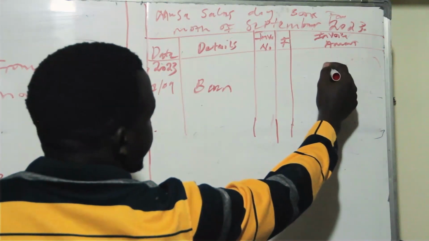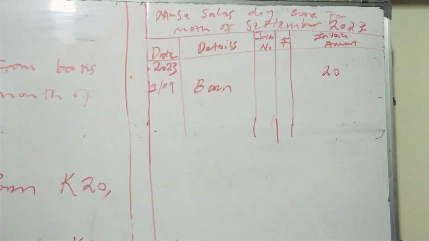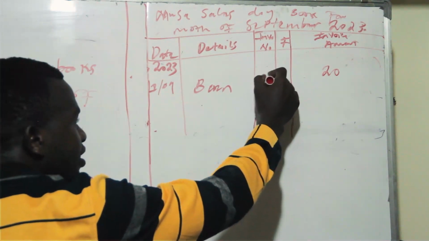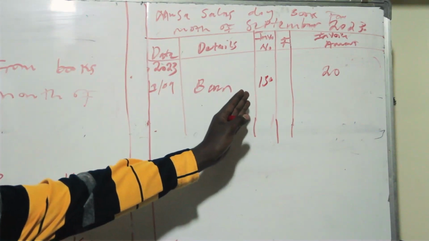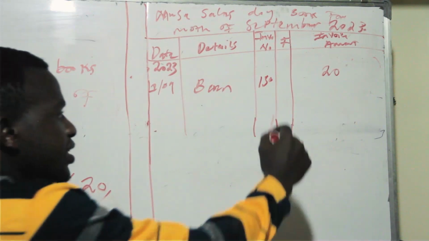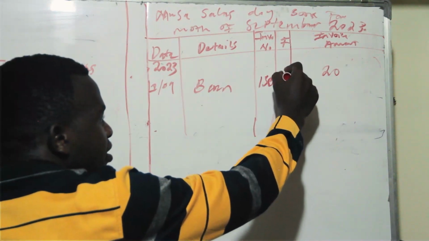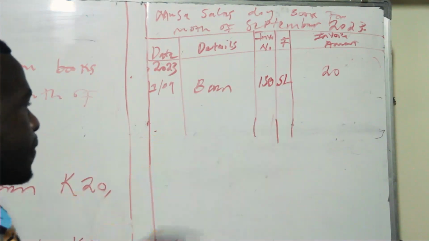In the sales invoice column we have been told it's 150, so we'll put 150 there. Then in the folio you record the ledger where it's going. Since we're looking at the sales day book, this amount has to go to the sales ledger, so you're going to write SL.